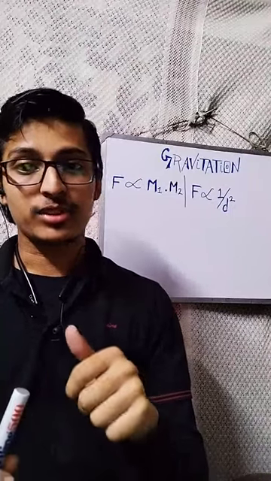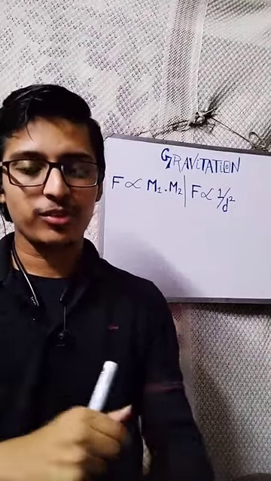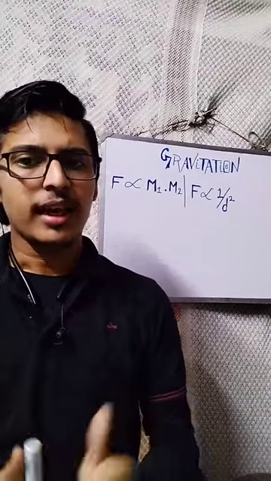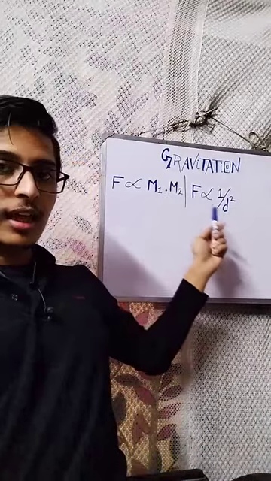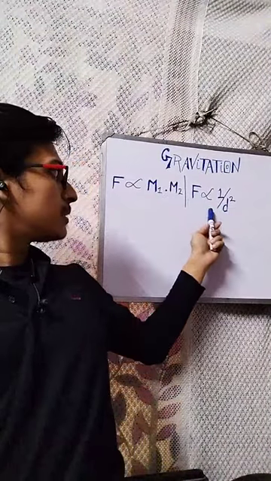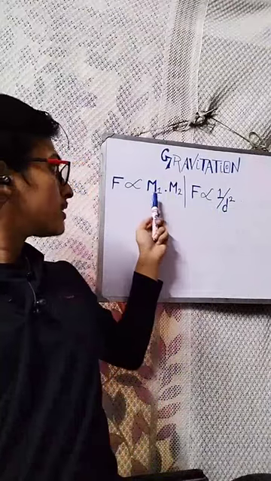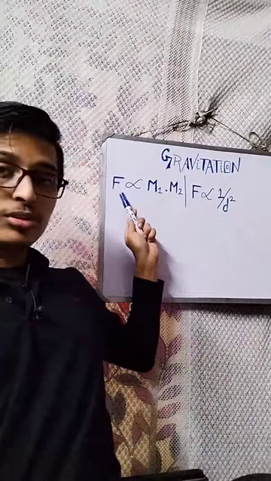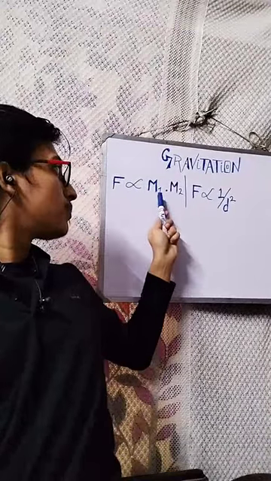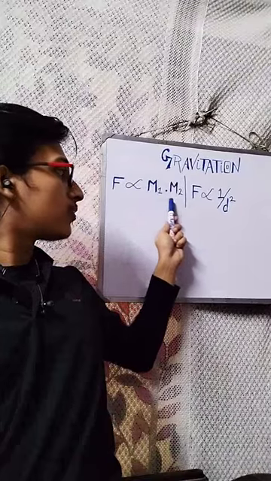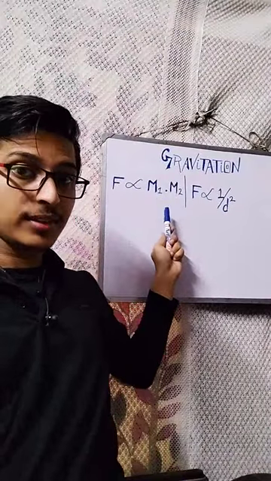So students, as I was saying, there is a very beautiful formula for gravitation. As you can see behind me on the board, I have written the snippets of the formula separately. First, it explains that the force of gravitation is directly proportional to the product of masses of the two bodies that we are considering, right?